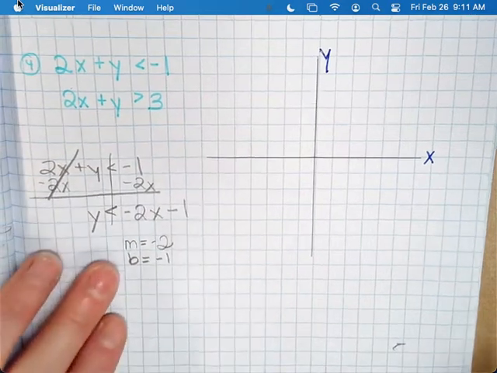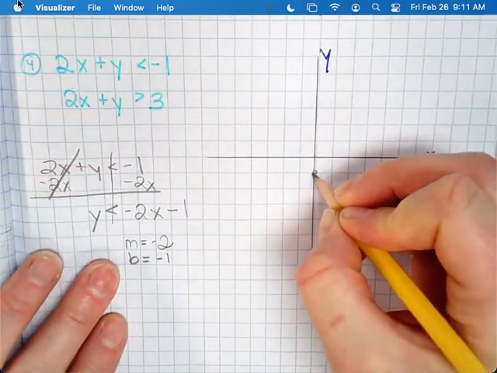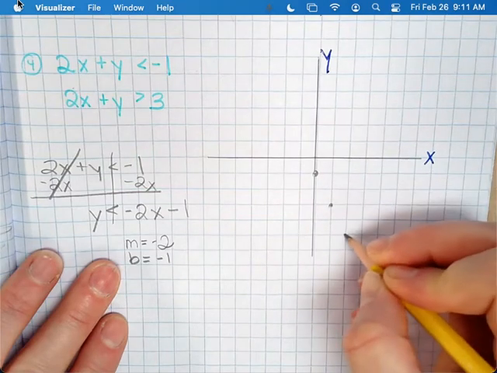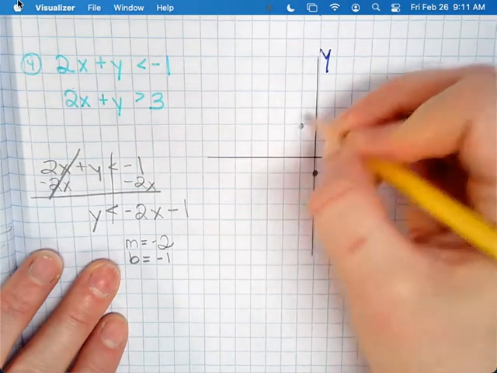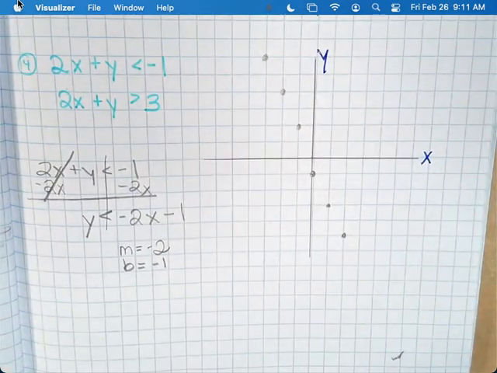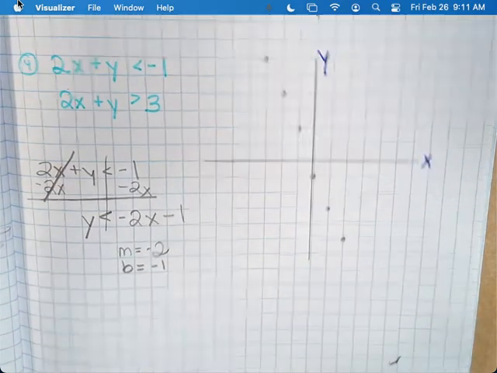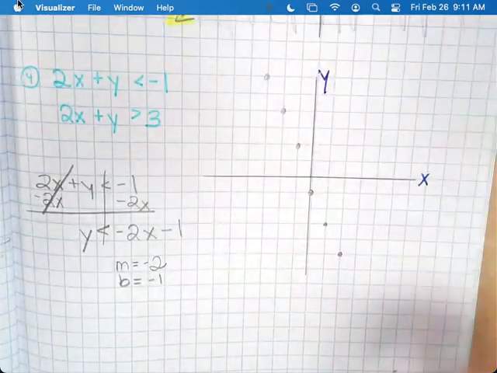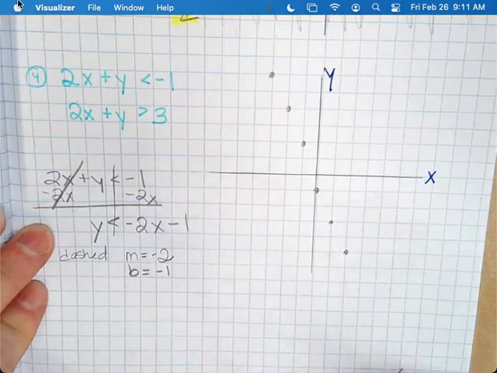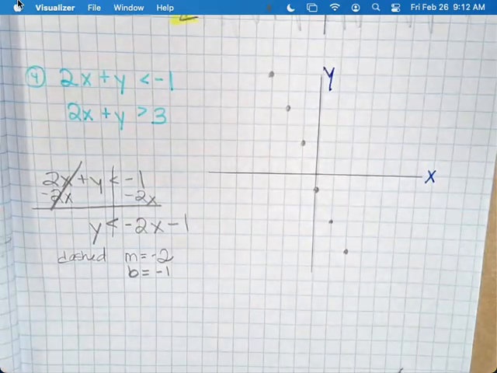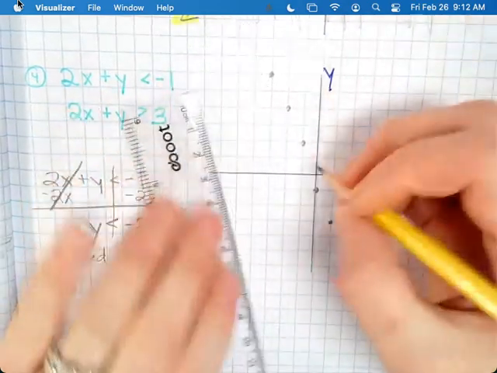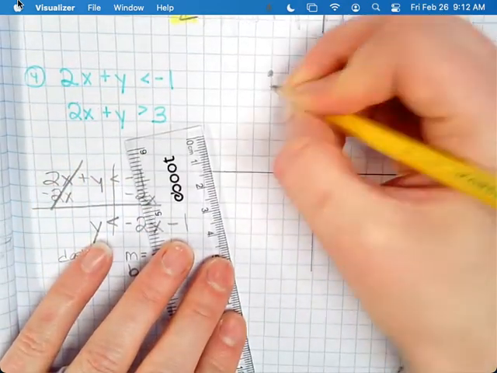So we need to graph it. Our y-intercept is at negative 1. Slope down 2 over 1. Up 2, left 1. And then it's going to be dashed. Did I mess up? Sure did.